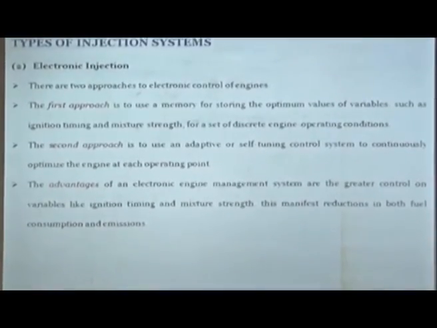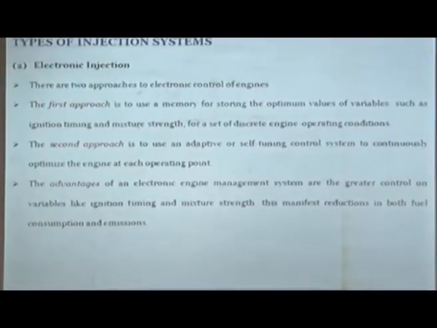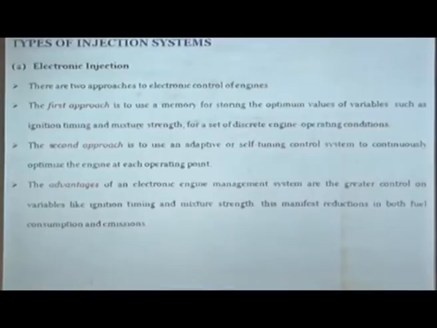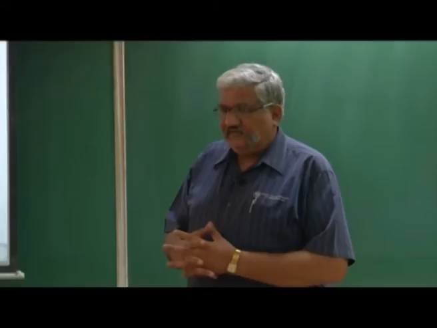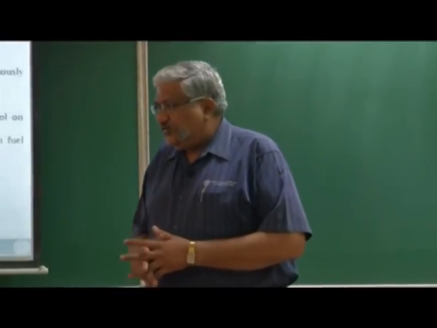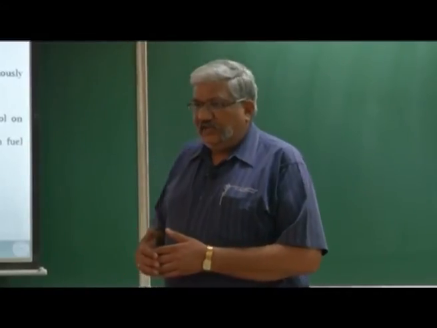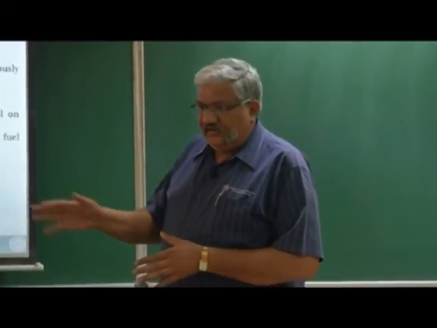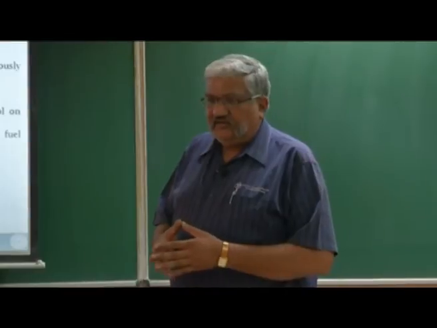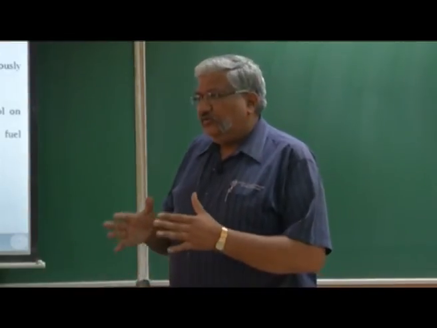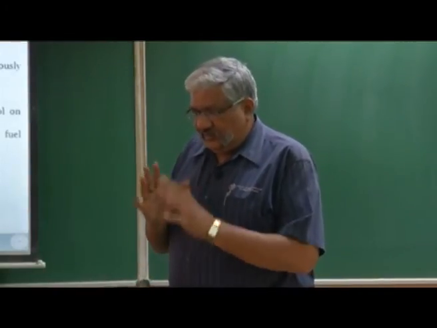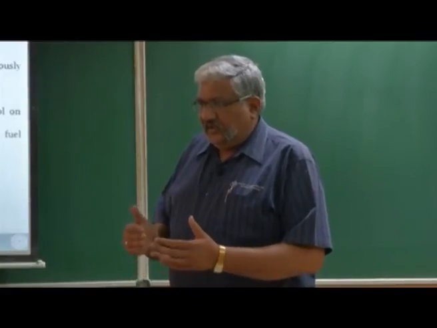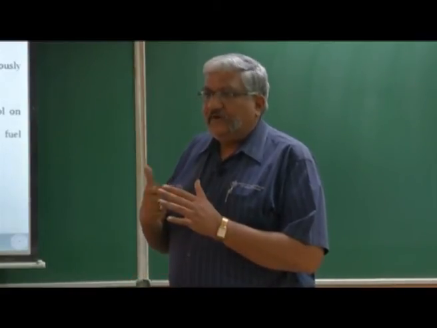So the concept here is that suppose I'm producing 1,000,000 engines a year, or say 100,000 engines a year. Do I want to test every engine or optimize every engine separately, or do I do something smart to do it once? So what is done is that you take one engine and then you optimize.